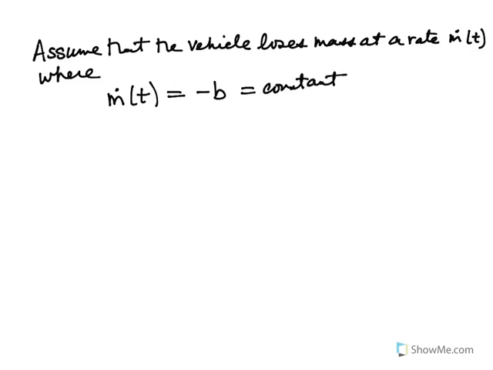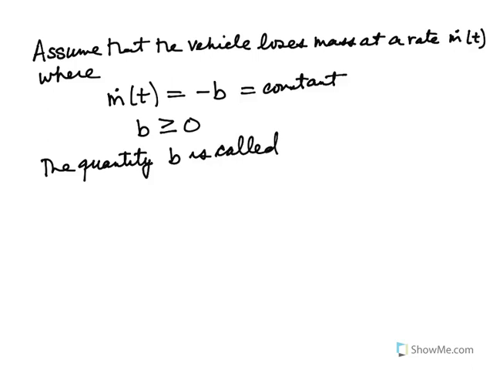And that constant is such that b is greater than or equal to 0. So the quantity b is called the burn rate.